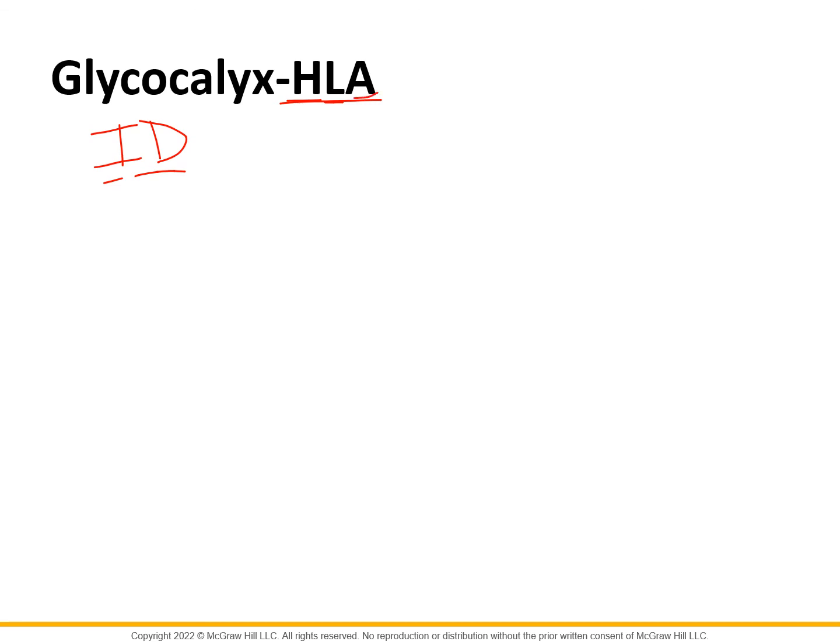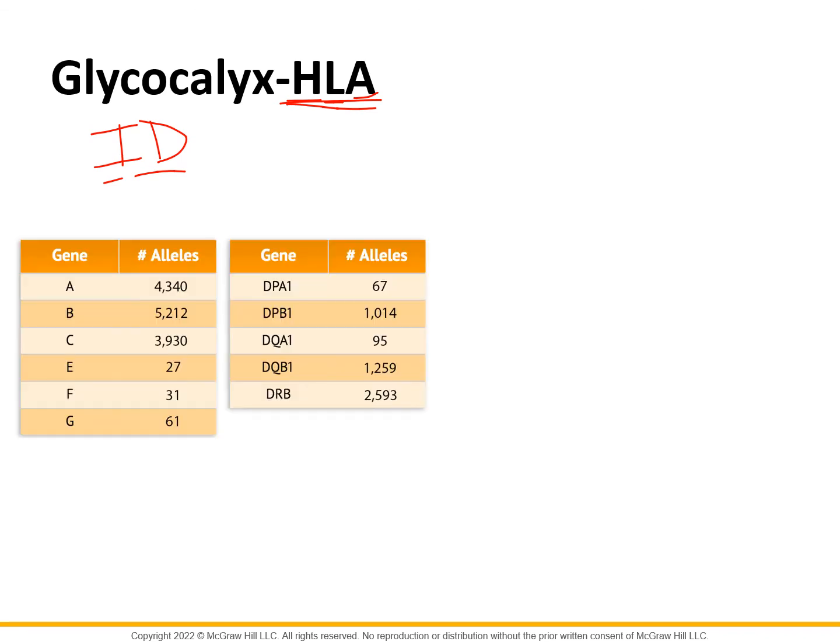An antigen is something that stimulates the white blood cells. So the HLA molecules are basically identifiers that you have on your cells. Another way to look at this is it's like a fingerprint. Everybody's cells have their own unique combination of HLA molecules.